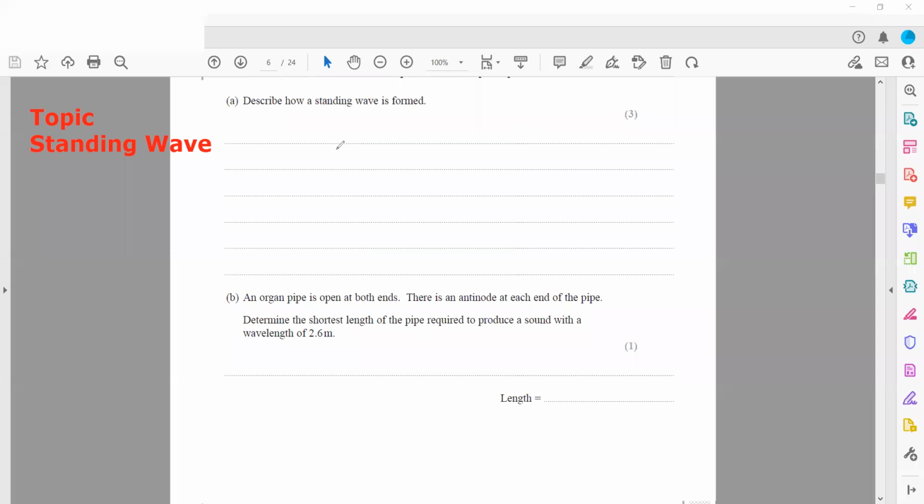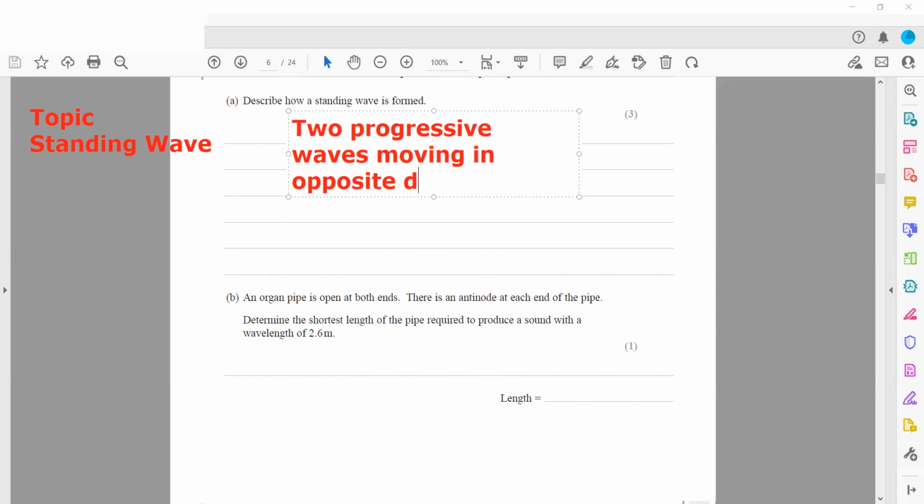In this question, how do you explain how standing waves are formed? So two progressive waves traveling in opposite directions, or moving in opposite directions, combine with each other or superimpose with each other.